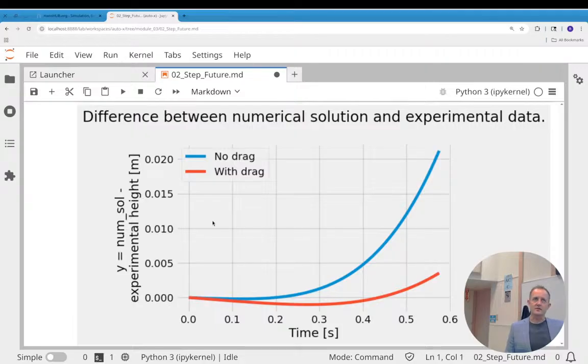So we measured, at least in this case, 576 data points of where the tennis ball was, and then we have our predicted solution of where it is.